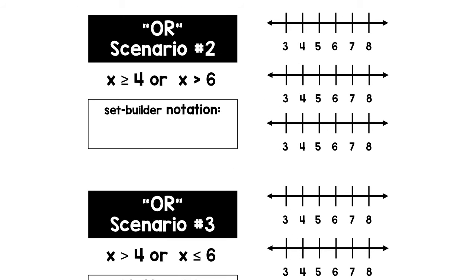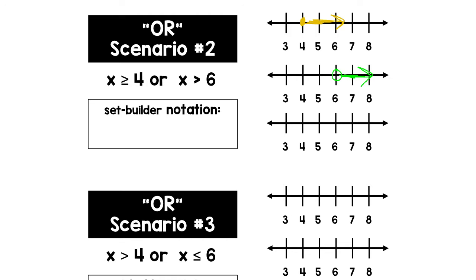Number 2, we've got x is greater than or equal to 4, so we'll have a dot on 4, and we'll shade to the right. X is greater than 6, empty circle on 6, and we'll shade to the right. Well, if we want it to be greater than or equal to 4 or greater than 6, 6 is greater than 4.